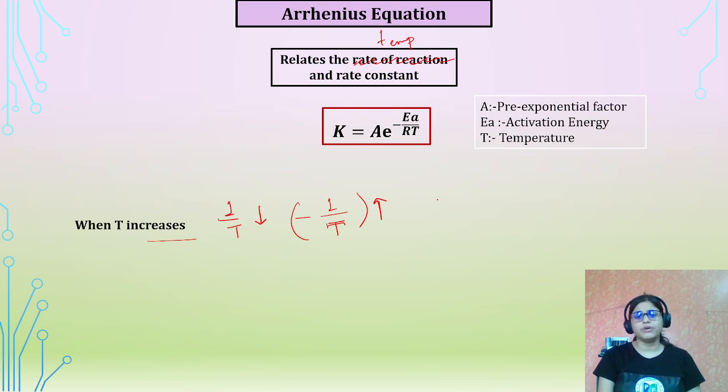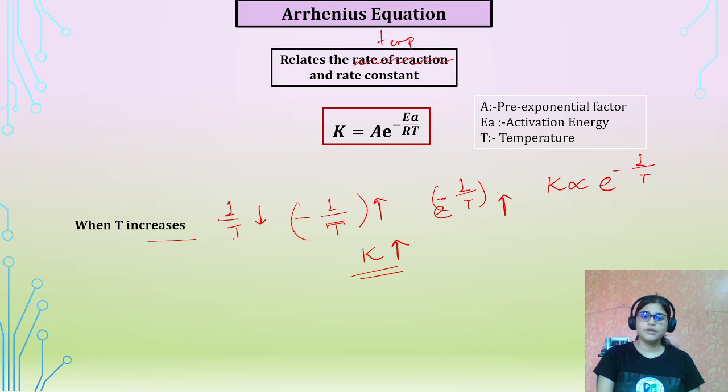Now we can say, minus 1 by T is increasing means e to the power minus 1 by T will also be increasing, and K is proportional to e to the power minus 1 by T only. So we can say here K will be increased. Understood? Because when T increases, 1 by T will be decreased and minus 1 by T will again be increased, and if it is increasing, e to the power this will also be in increasing order and K will be increased.